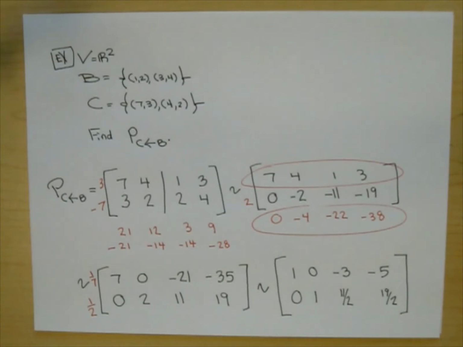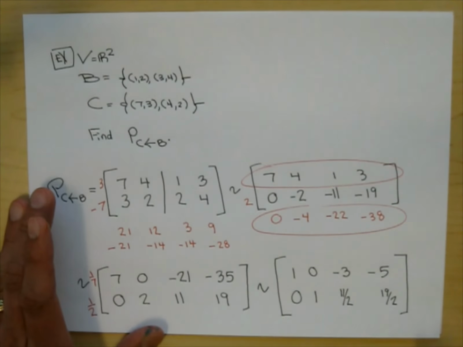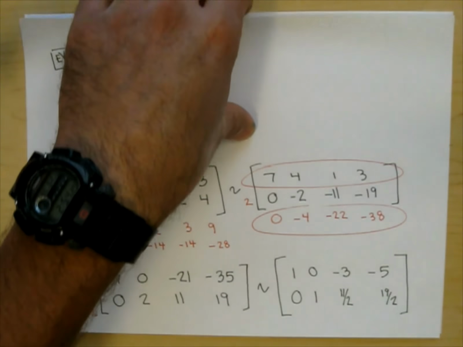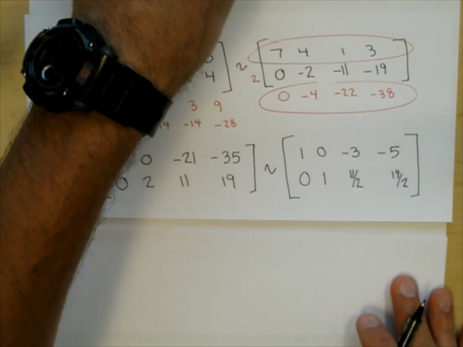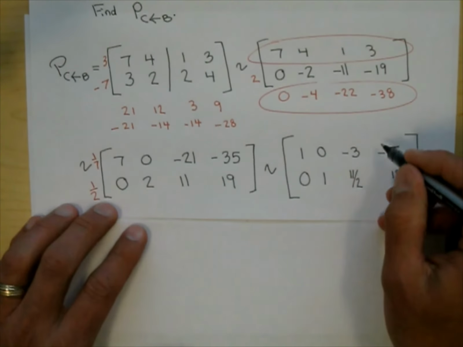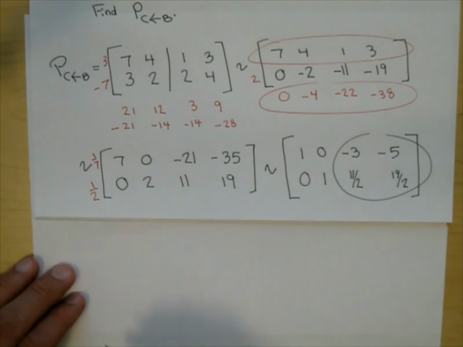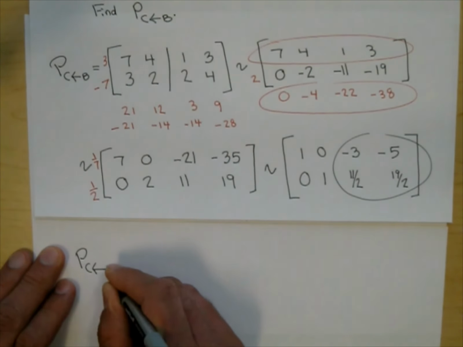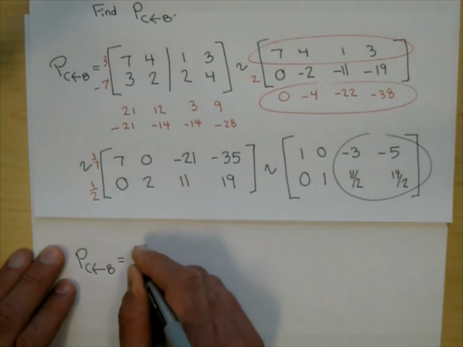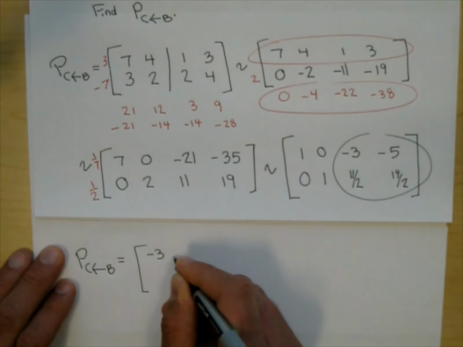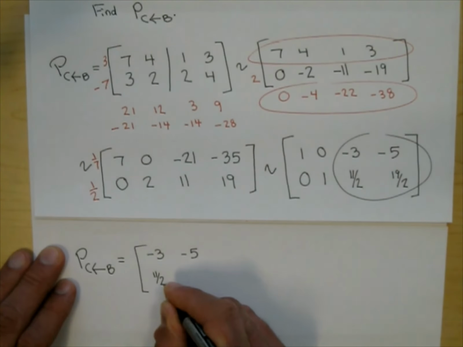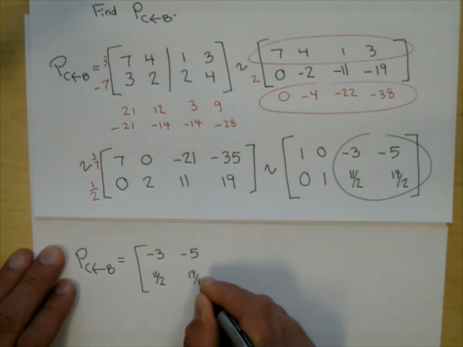And so that's what I'll end up getting. Our final answer to this, I'll use another piece of paper right here, is actually going to be this right here. Here's your change of basis matrix, and it looks like this. So -3, -5, 11 halves, 19 halves.